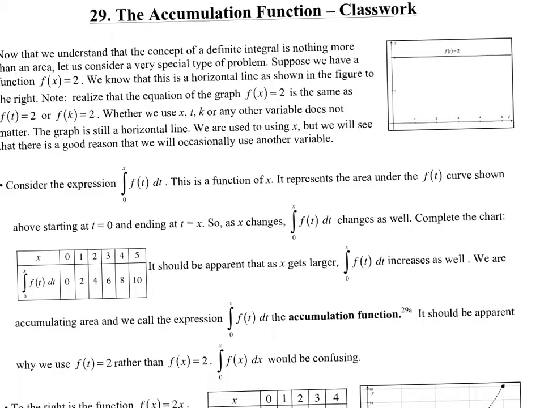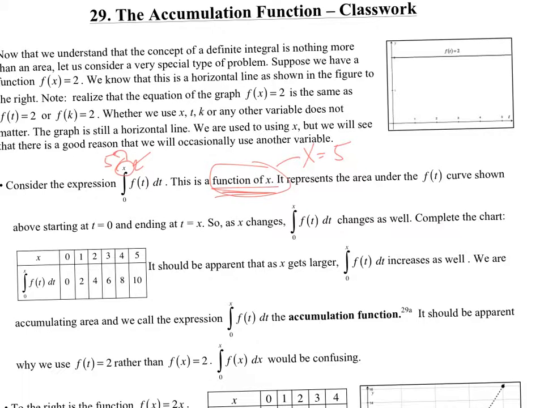What that means is that if I say evaluate this at, let's say, x equals 5, you're going to plug a 5 in for x. That's what it means when you say something is a function of x.